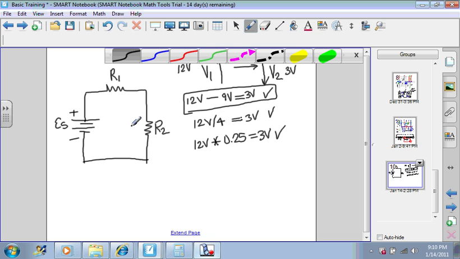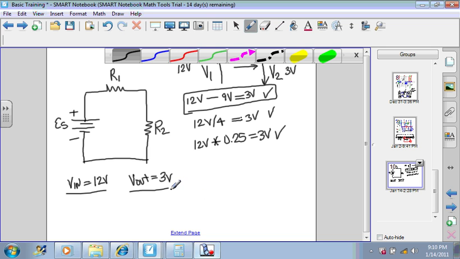So we're basically talking about where we have an input voltage of 12 volts and we have an output voltage of 3 volts. This is where we begin the concept of input and output.